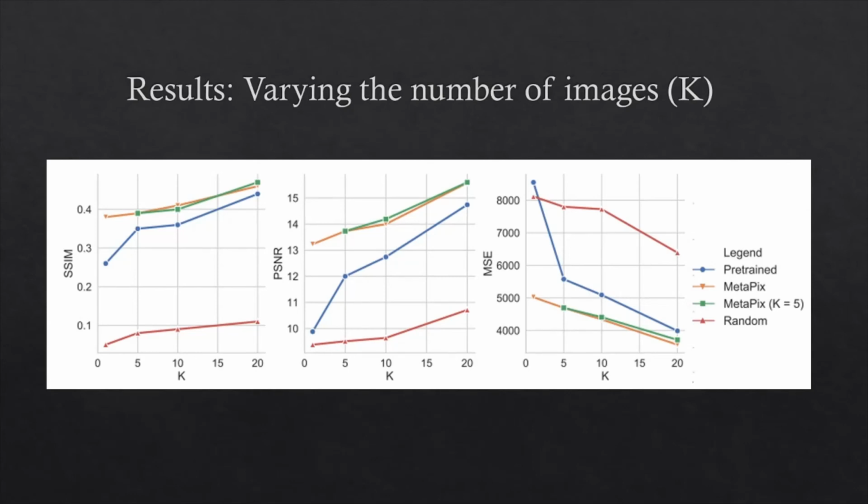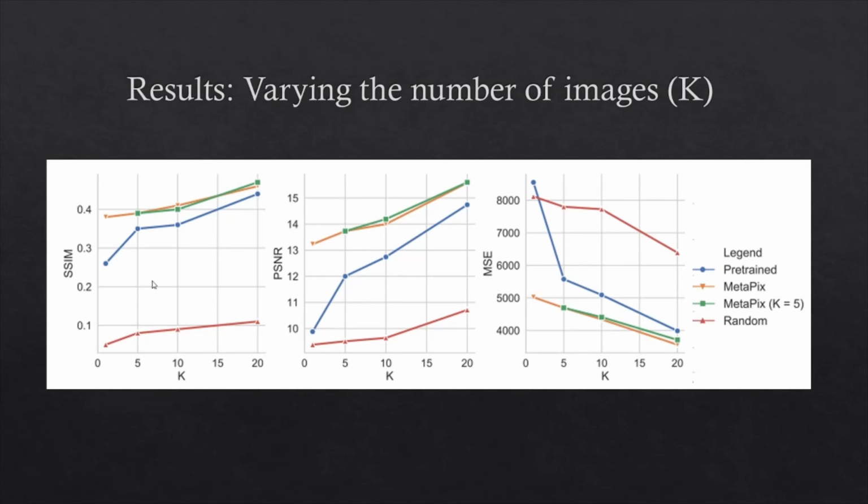So if we look at the results in the graphs when varying the number of images, we can see that there's an increase in k. When there's an increase in k, there's also an increase in the quality of the output.